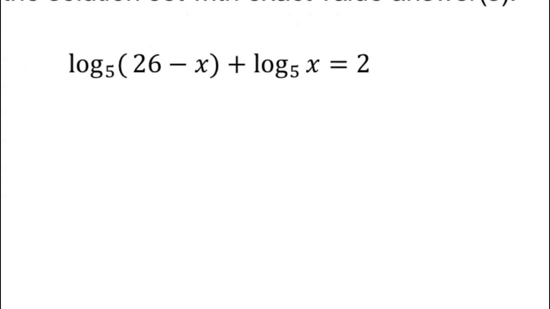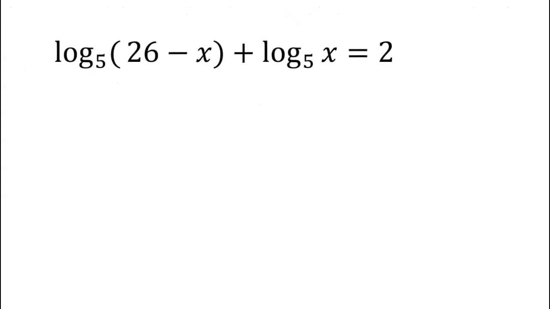So the equation that we have is log base 5 of 26 minus x plus log base 5 of x equals 2. Notice they have the same log base 5 here, right? So we have log base 5 of 26 minus x, and the second one, log base 5 of x.